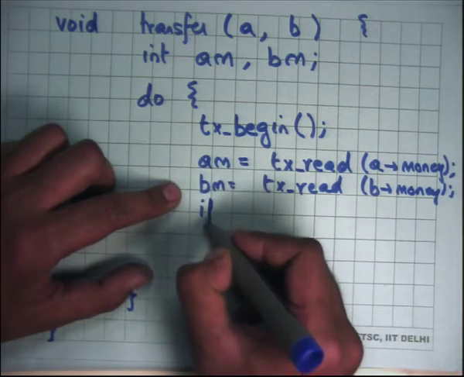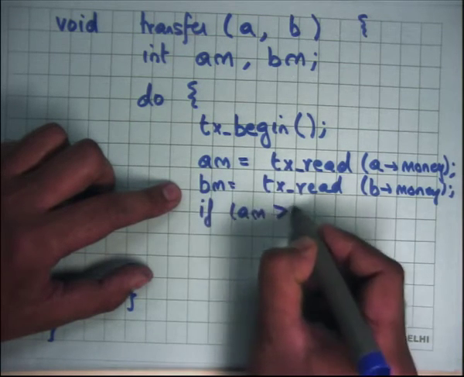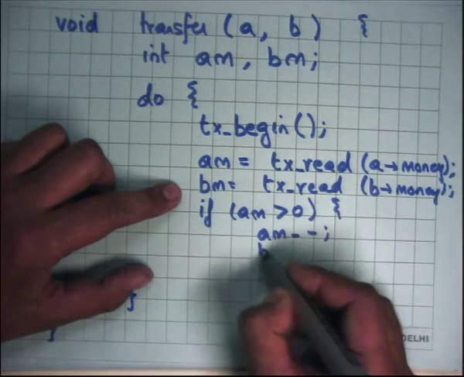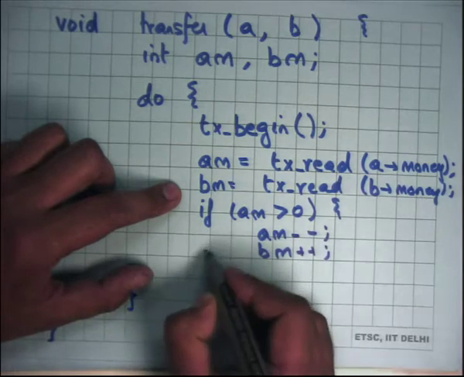For example, I will say if AM is greater than 0, then AM minus minus and BM plus plus, right, okay.